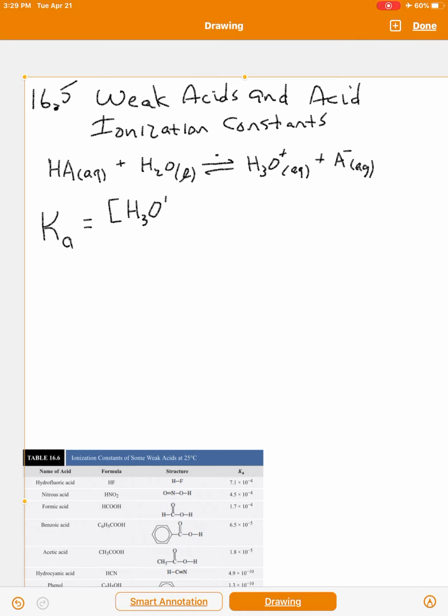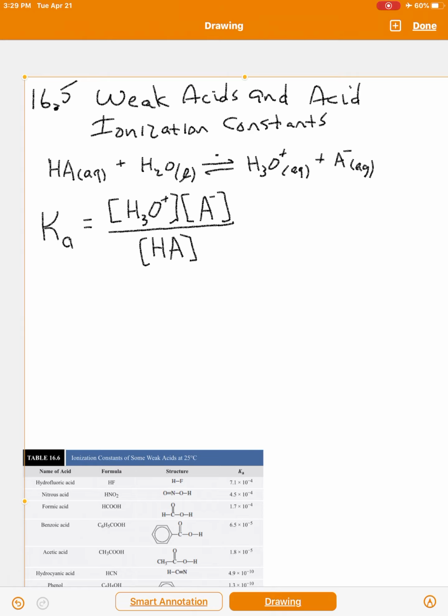So it's really a Kc, right? Not a Kp. We're not talking about gases. So hydronium times the counterion, or the conjugate base, divided by the concentration of the acid itself. Okay? So there's our acid ionization constant, sometimes called the acid dissociation constant.